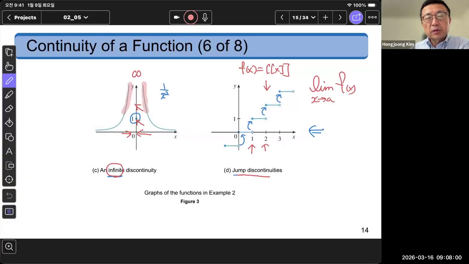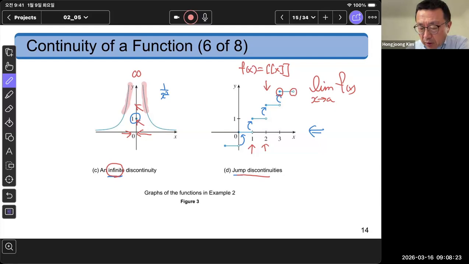Now, sometimes we need to consider, before we go to the next one, let us consider the graph of D. In this case, the left endpoint of each step is filled, but the right hand endpoint is not filled.